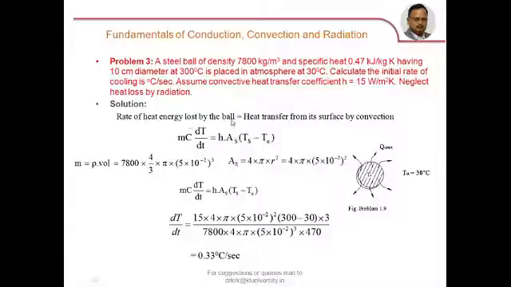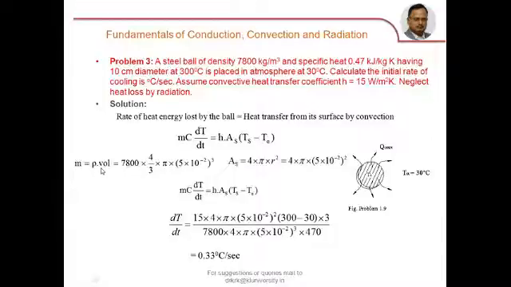The ball is losing heat energy, and that energy enters the environment by means of convection. So as per the law of conservation of energy, the energy lost by the ball is equal to the energy that enters the environment by convection. So mc dT by dt equal to hA (Ts minus T infinity).